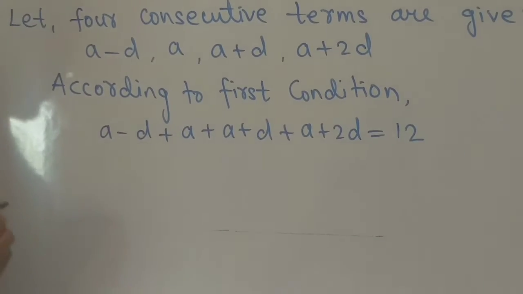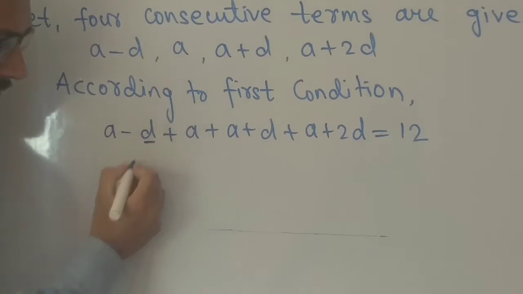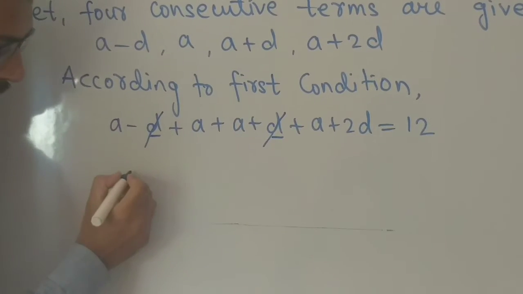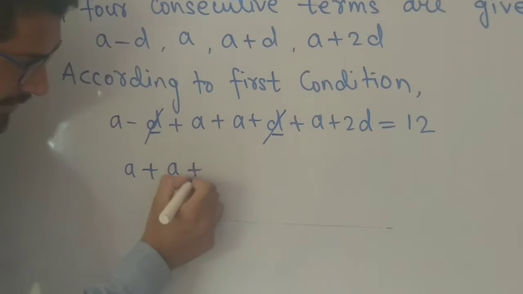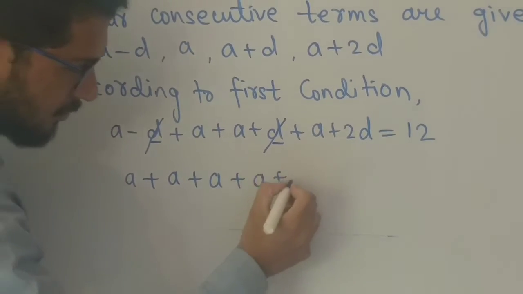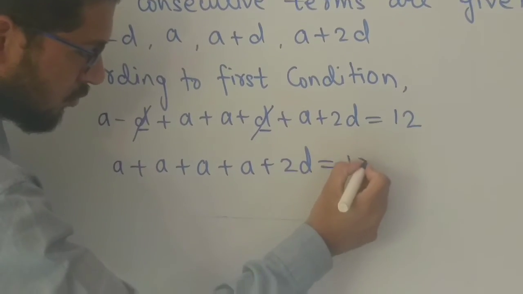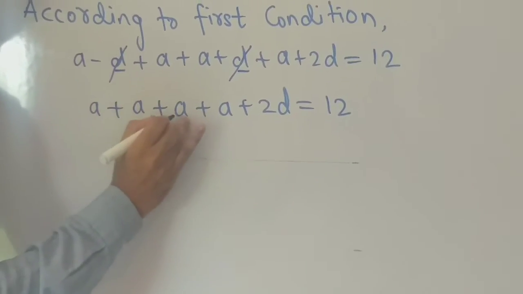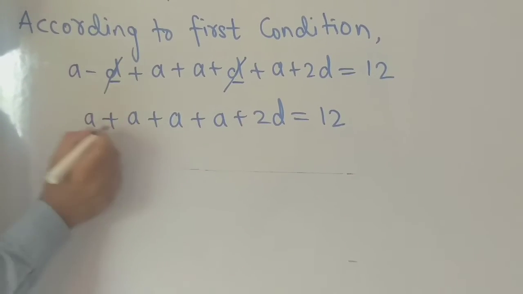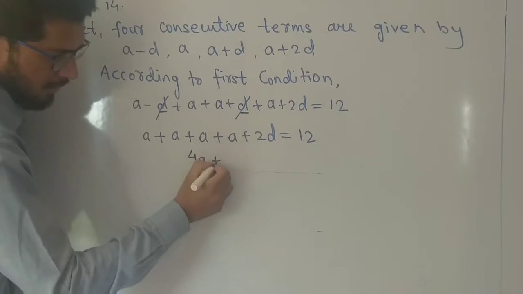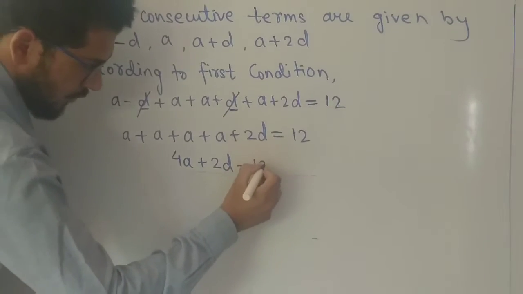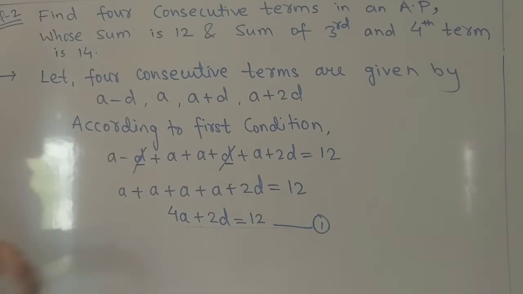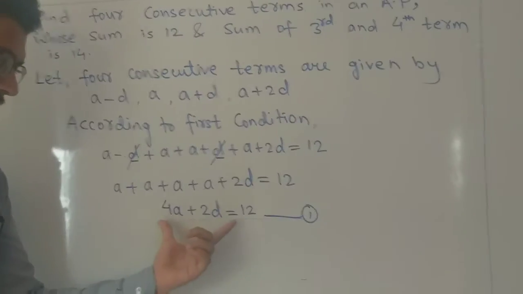Now we will cancel: this is minus d here and this is plus d here, so these will cancel out. What is left? a plus a plus a plus a plus 2d is equal to 12. Understood? After that, a plus a plus a plus a, 1, 2, 3, 4, there are 4. This will be 4a plus 2d equals 12. Call this equation number 1. After this we cannot simplify further. This is the final equation.